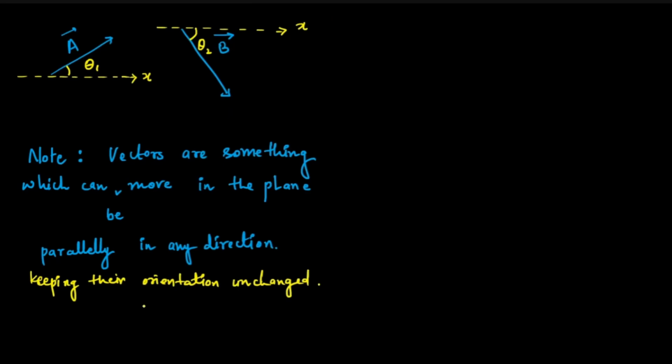This is what orientation signifies. If I move these two vectors in the plane like that, and I want to join them, suppose this is my x-axis and I'm joining these two vectors like that. This is A. See, I haven't changed the orientation. This is theta 1, I'm assuming.